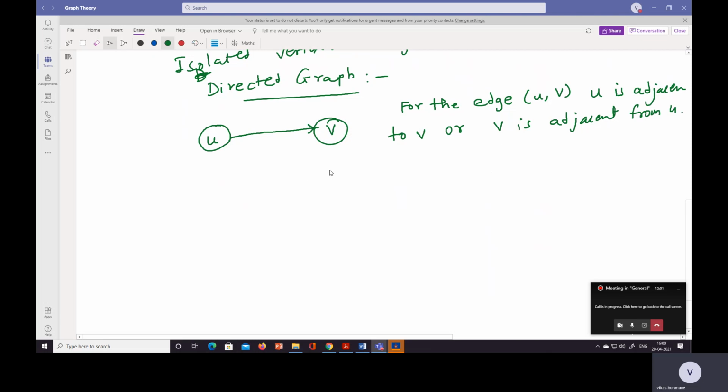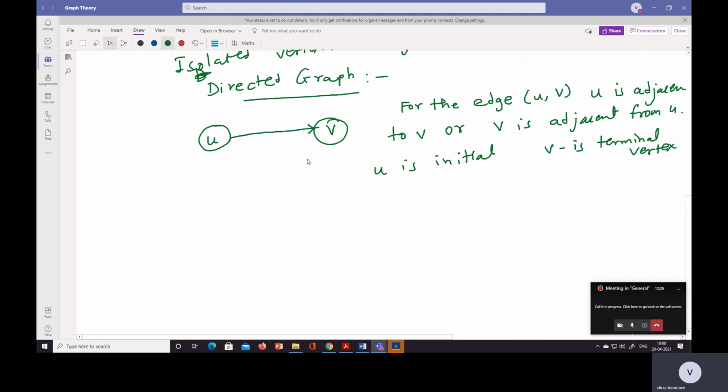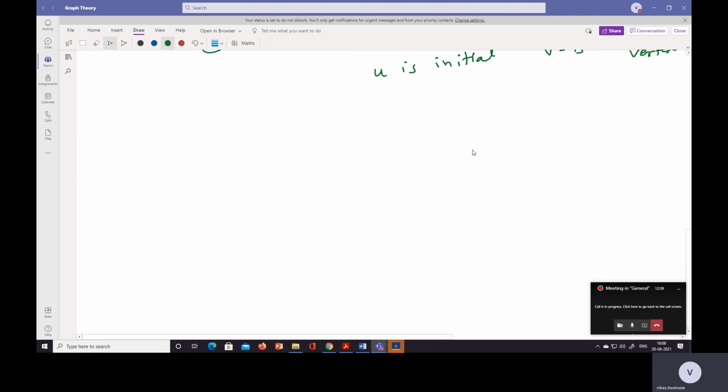Here we can say that u is the initial vertex and v is the terminal vertex. Very simple case, directed graph. Whenever there is a direction from u to v, you can say that u is adjacent to v, or v is adjacent from u.